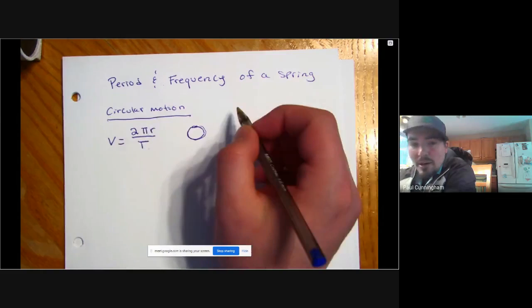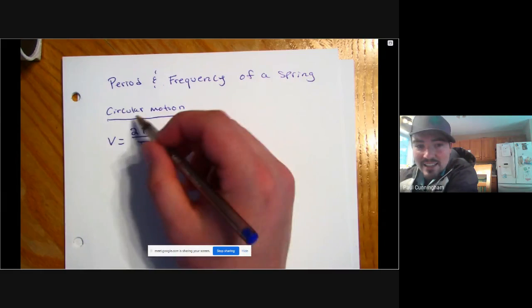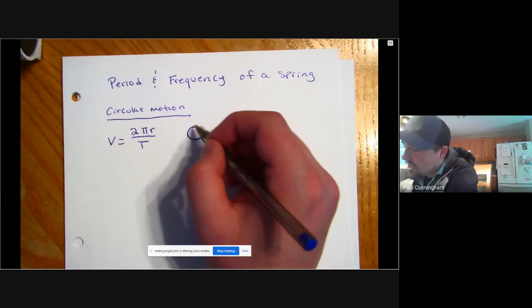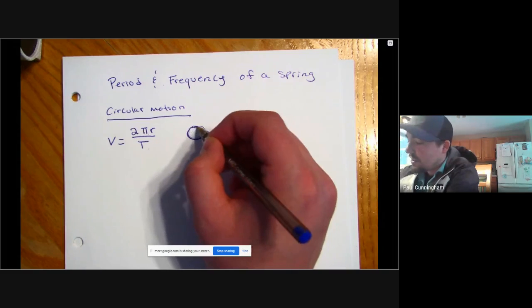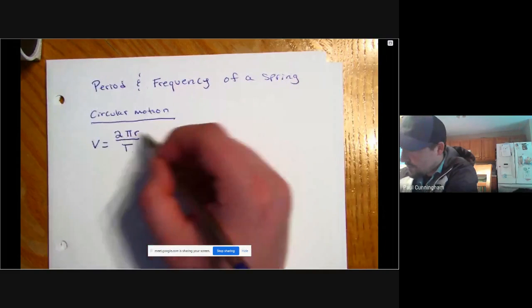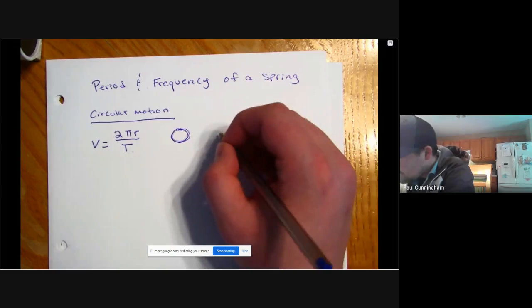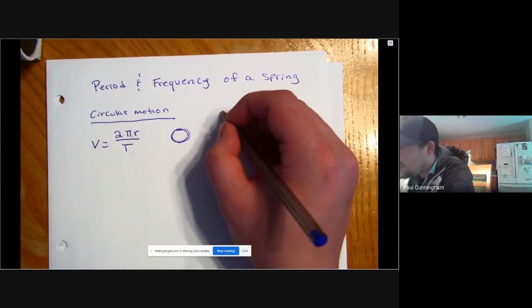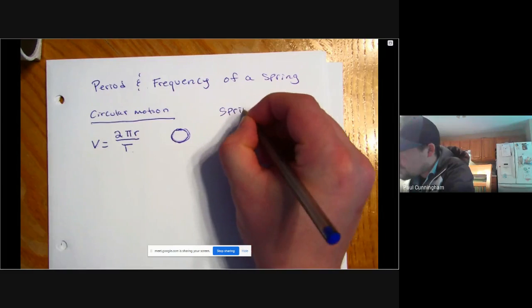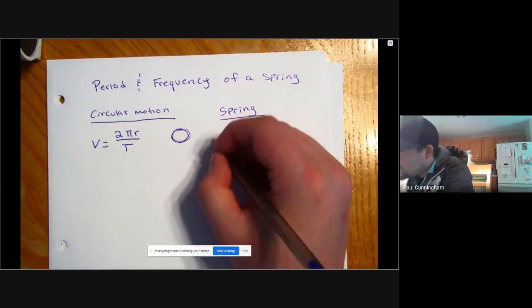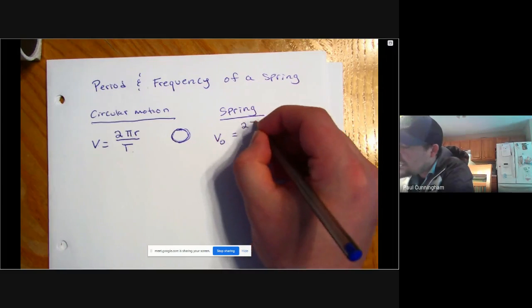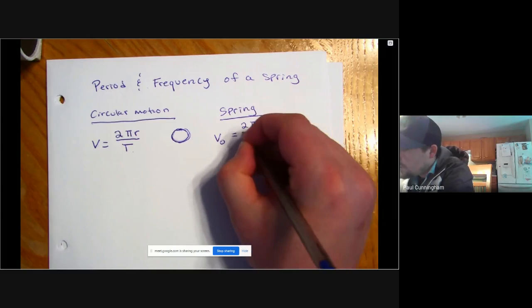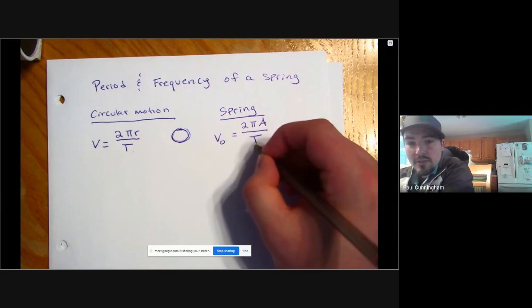Okay, so that's just another formula. Now, in simple harmonic motion, we can take this idea, because the motion is back and forth and can be mapped out very similarly. But instead of 2 pi r to find the total distance, for a spring we actually have v sub 0, the max speed, equal to 2 pi times the amplitude over the period of the motion.